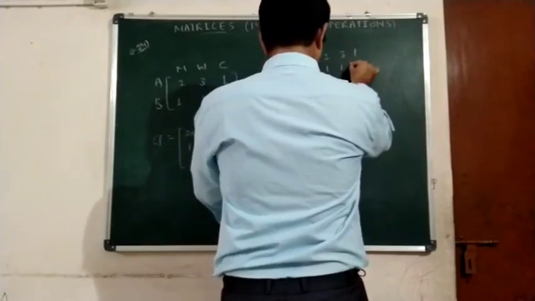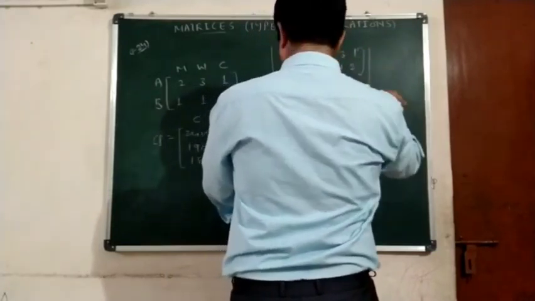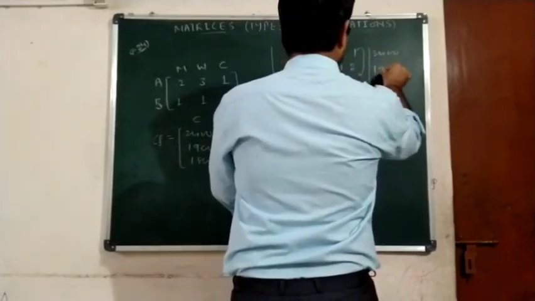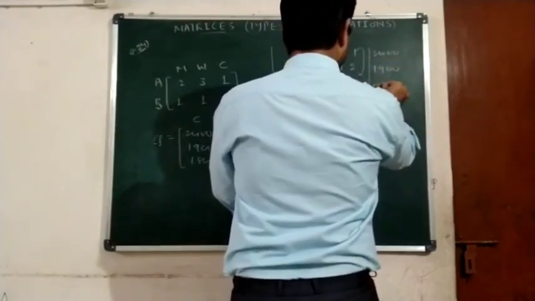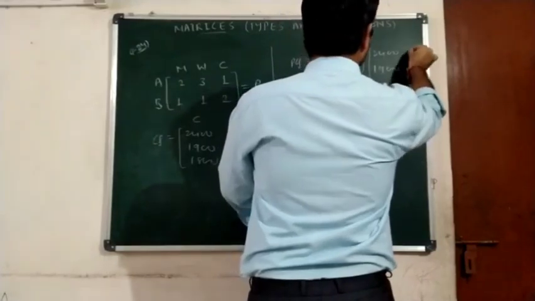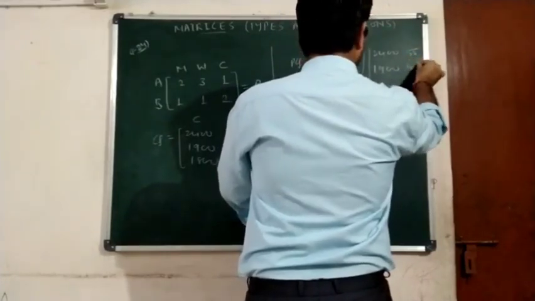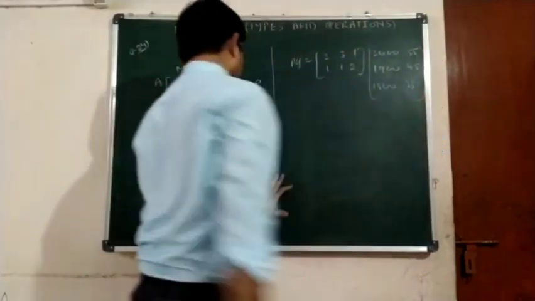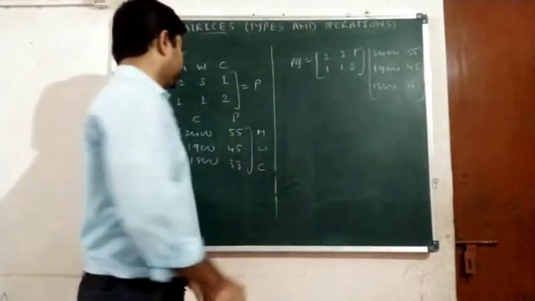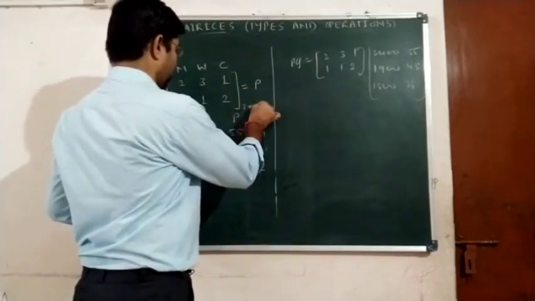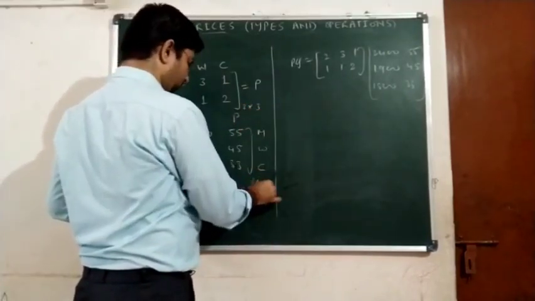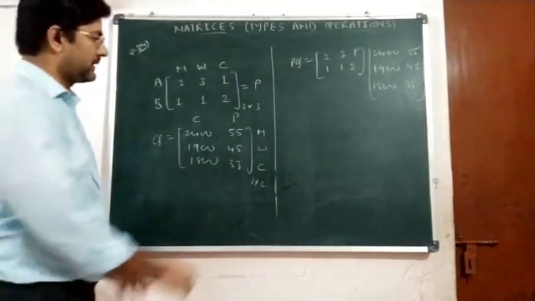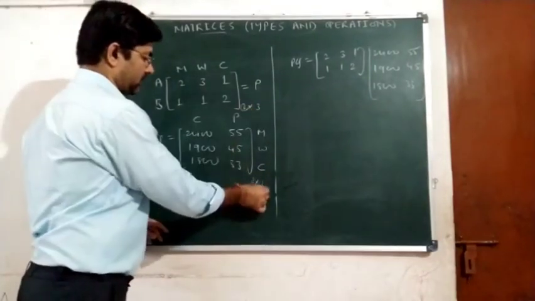So product PQ is equal to 2 3 1, 1 1 2 into 2400 1900 1800, 55 45 and 33. Now let us multiply 2 into 3 and 3 into 2. So the answer will be a 2 by 2 matrix. Yes or no?